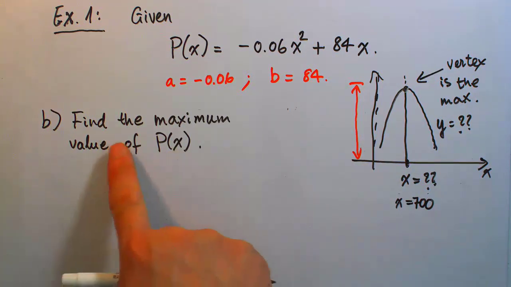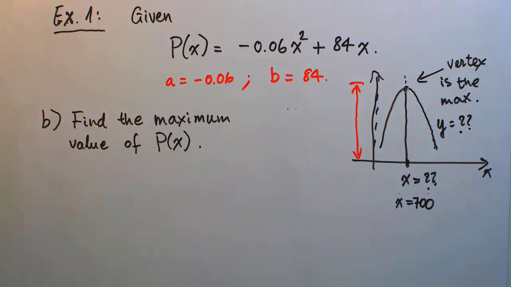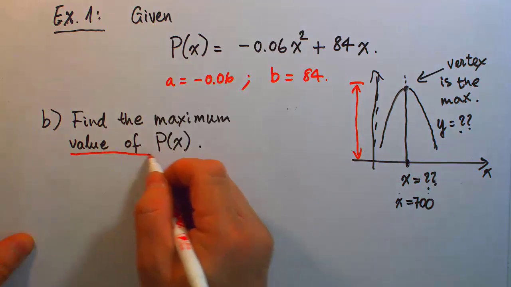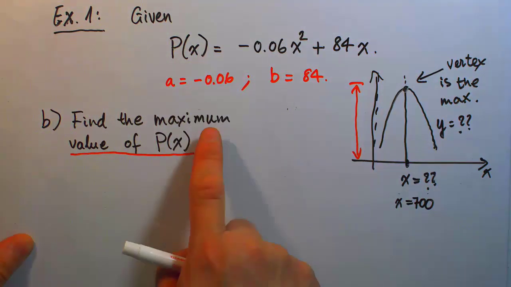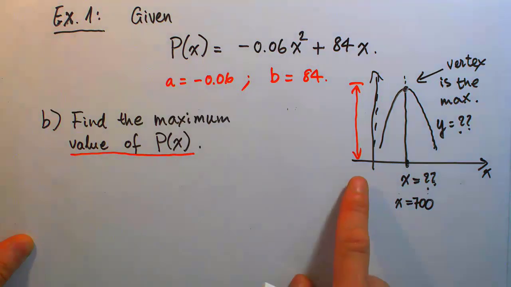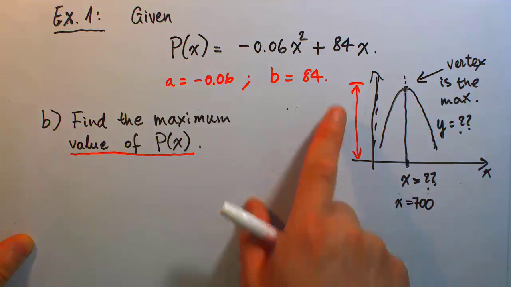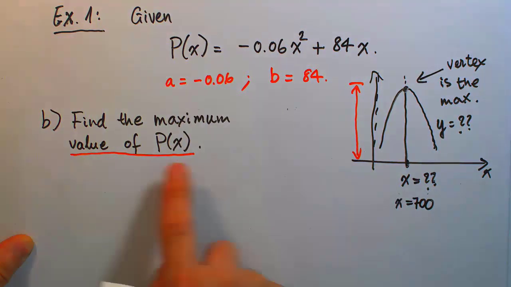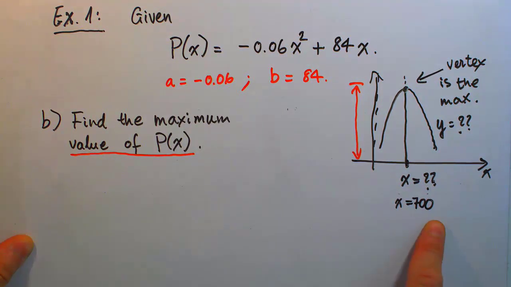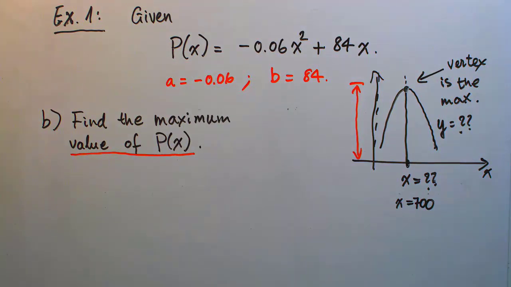And so here we have to find the maximum value, and I need to underline that. Value of p of x refers to the height, and so we want to find the highest y value that will happen to the function p of x when x equals 700.